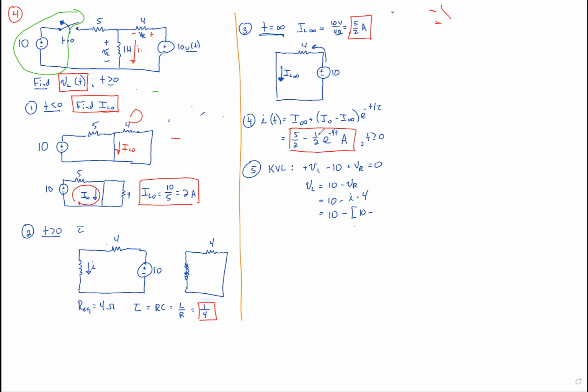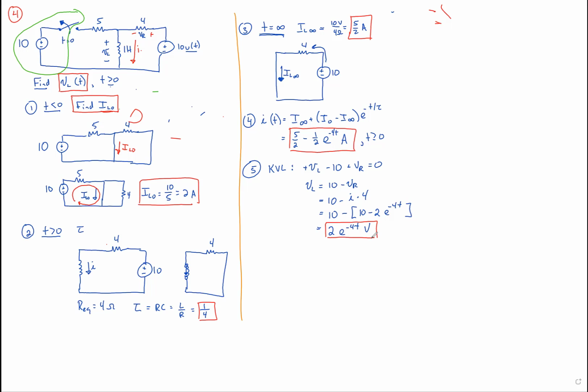And 4 times 1/2 is 2. And now we can distribute that out. We get 10 minus 10. Well, the 10 goes away. Minus a negative is positive. So we just get 2 e to the minus 4t. And the units are in volts. So that's one correct way to do it.